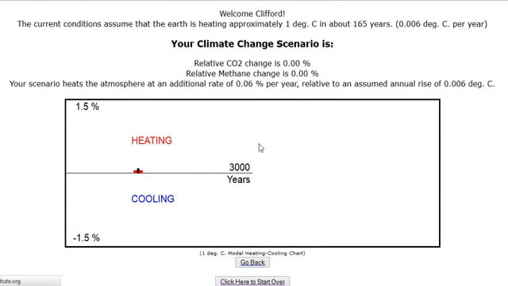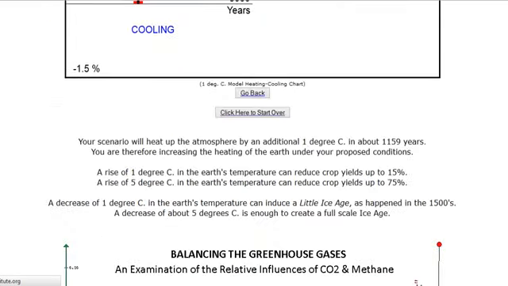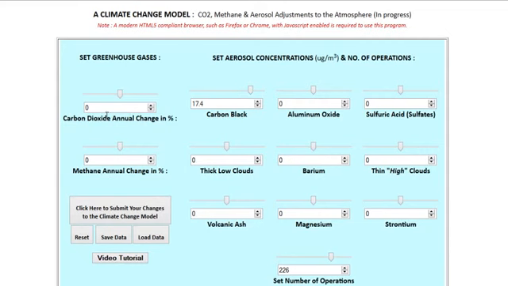We'll keep track of these variables this time. It's a positive 0.06, and time is one of the most interesting things. We're dealing with 1160 years to raise that 1 degree centigrade. We've talked about this in earlier videos. That's our frame of reference right now with the introduction of the particulate. Now let's put in a modest level of CO2, and I'll go with 1.5 this time.